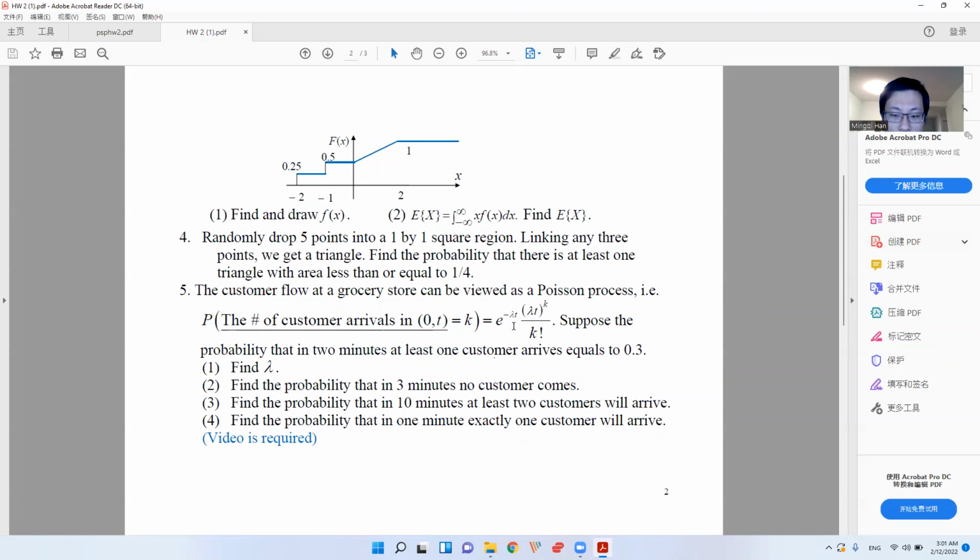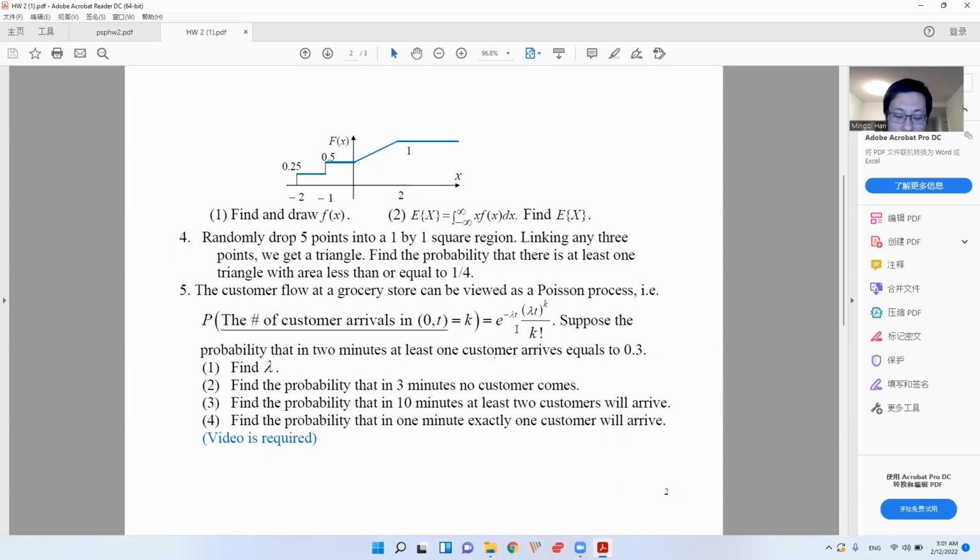The Poisson process equation: let's say the probability of the number of customers arriving in this time range would be equal to this part. With the equation already given, what we really need to do is just plug in the numbers and figure out the questions.